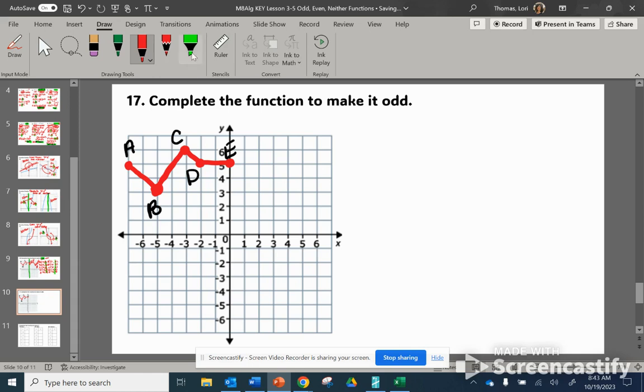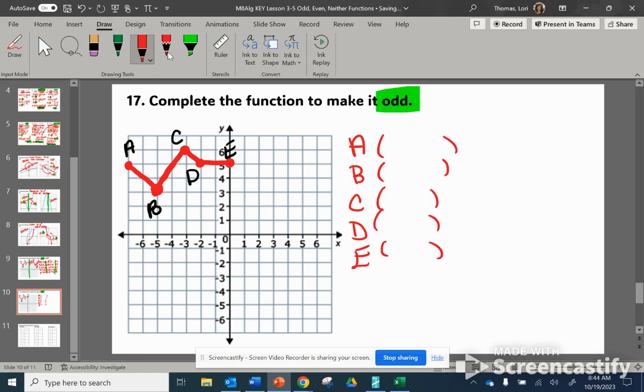And this time, we're going to complete this to be an odd function. I'm going to go through and do the exact same process, but apply the rule to be odd, which means our outputs need to be opposite in sign. So we have -7, 5, -5, 3, -3, 6, -2, 5, and 0, 5.